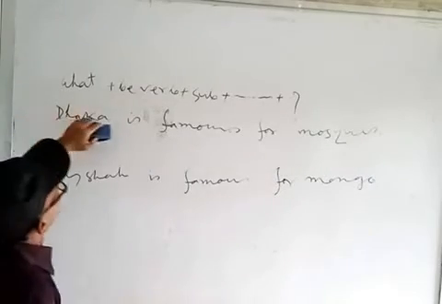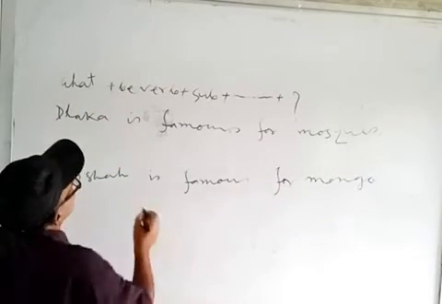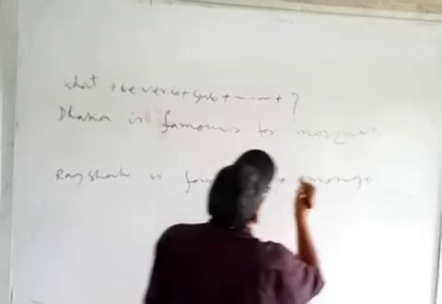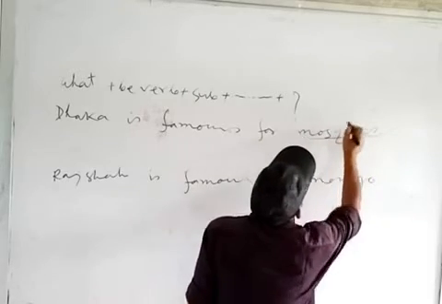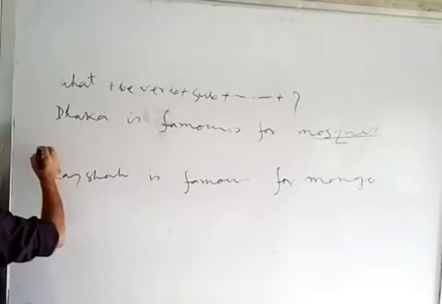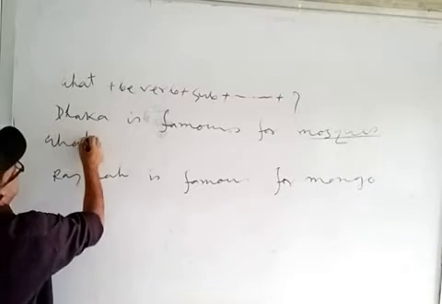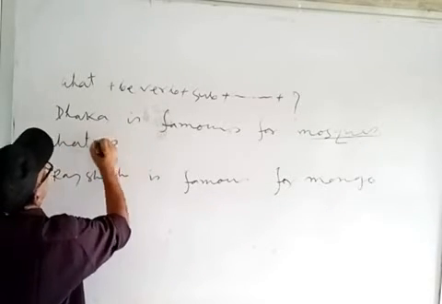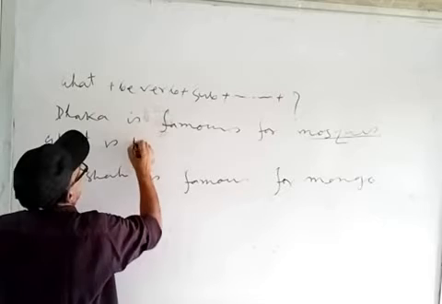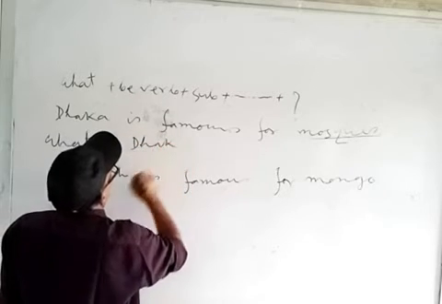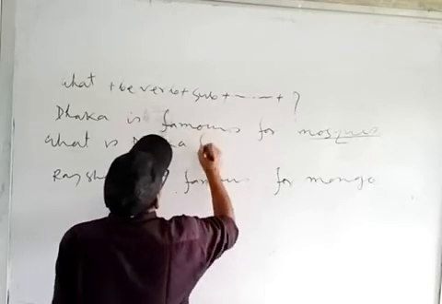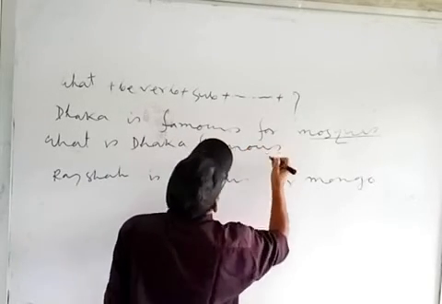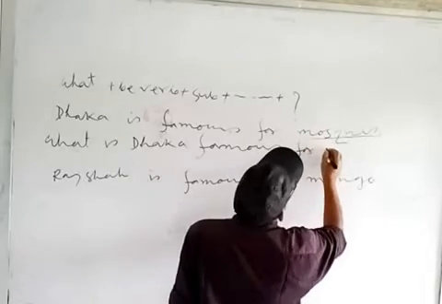You can solve the first example in such a way. Dhaka is famous for mosques. So in place of mosques, you have to use what. Then the given verb is. Then we find the subject Dhaka. Then the rest of the sentence, famous for. And here you have to use note of interrogation.